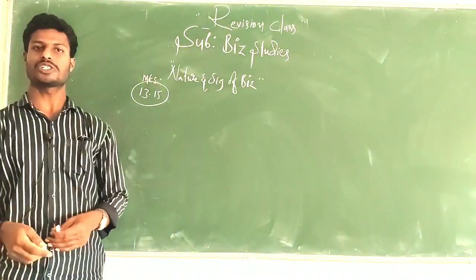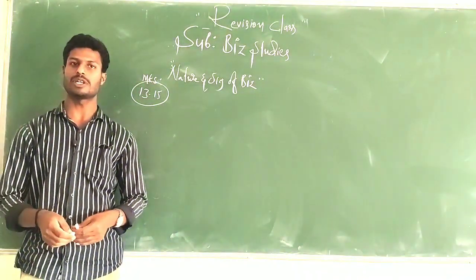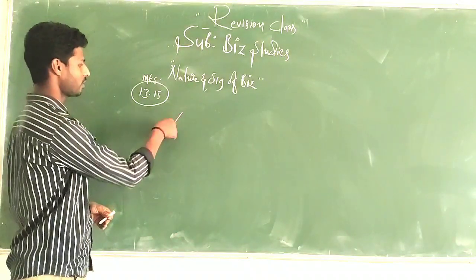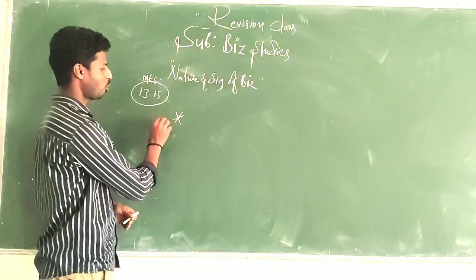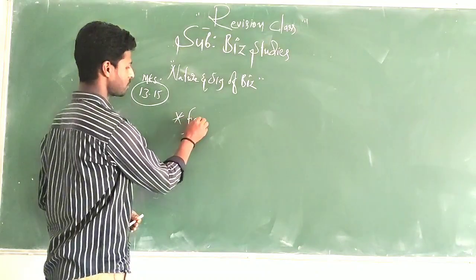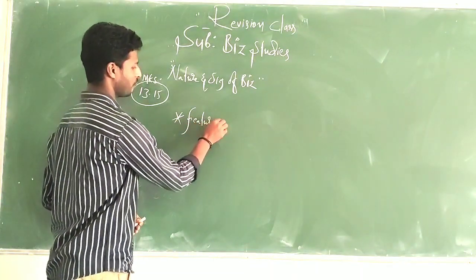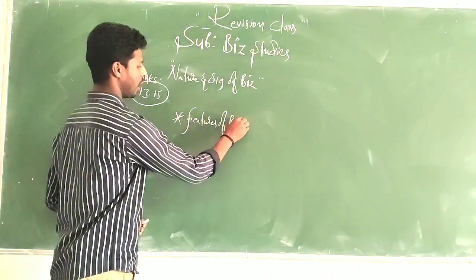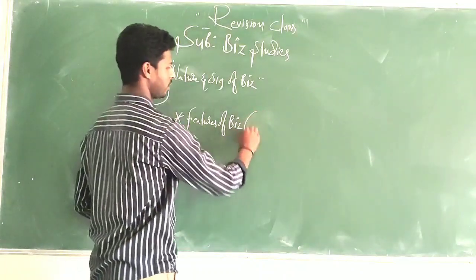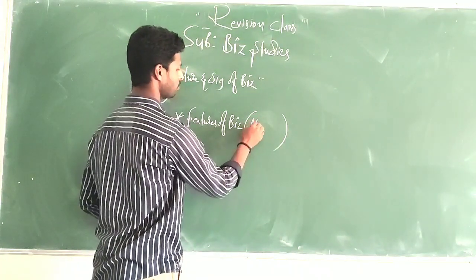So in the chapter Nature and Significance of Business, from the examination point of view, we must concentrate much towards the topic Features of Business. Along with Features of Business, we should discuss meaning.